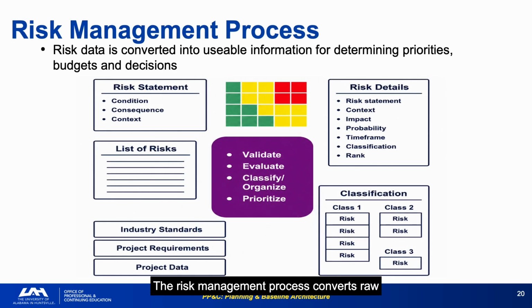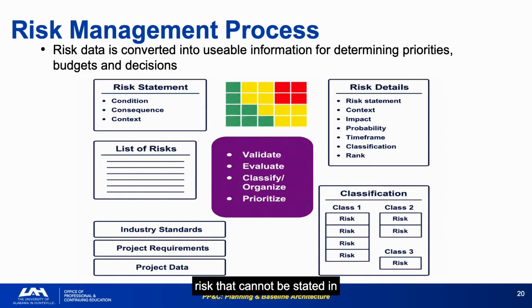The risk management process converts raw risk data into decision-useful information. Risk statements are validated, classified by consequence and probability, and organized in Class 1, 2, and 3 categories for escalation. Risk statement structure matters: condition, consequence, and context.